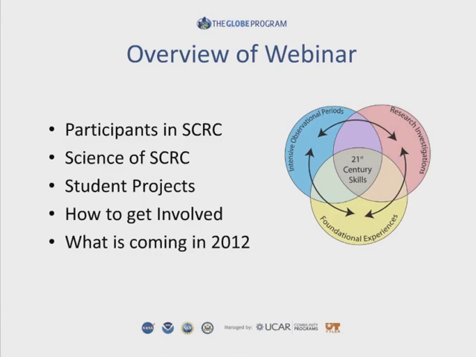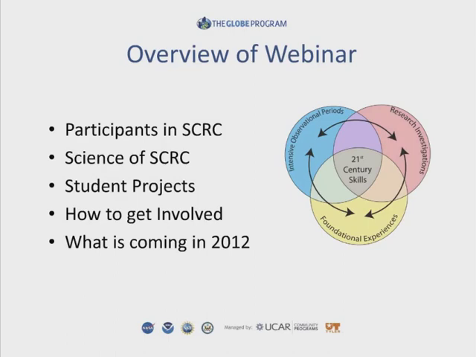The Venn diagram that you see on the right probably looks familiar to you. There's 3 core components to the climate campaign, and participating only requires that you engage in one or more of them. The blue circle are intensive observing periods, and this is where we would collect data that's very important for studying climate.